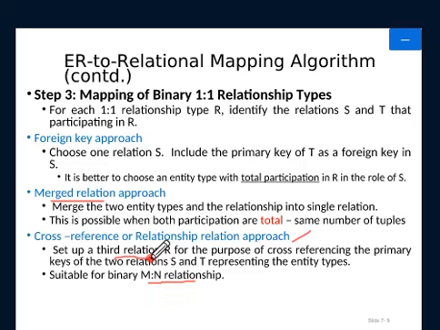Yes or no? So for the works on relationship, we'll take the primary key of employee and attach it as a foreign key in that relation, the works on relation. And we'll take the primary key of project and attach it as a foreign key in that relation.